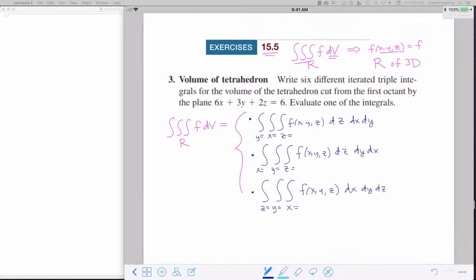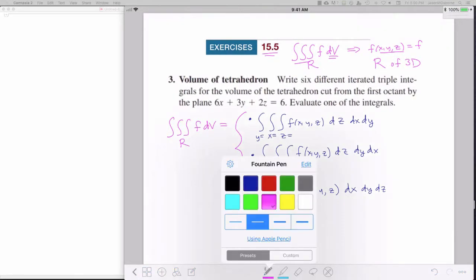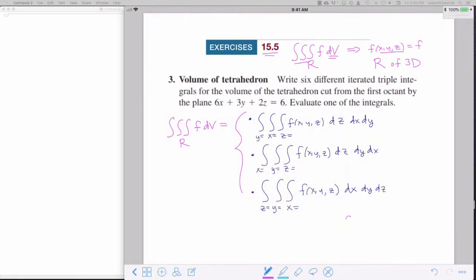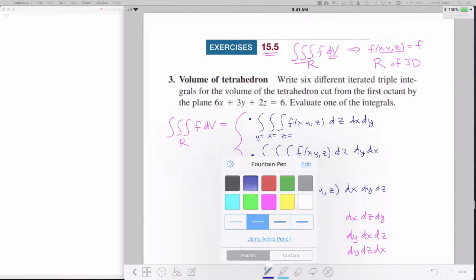And then there are 3 other different interpretations, the dx, dz, dy, and then the ones where we put the y's first, dy, dx, dz, or dy, dz, dx. There are your 6 different ways to set up a triple integral. And keeping in mind, they should all give the same answer.